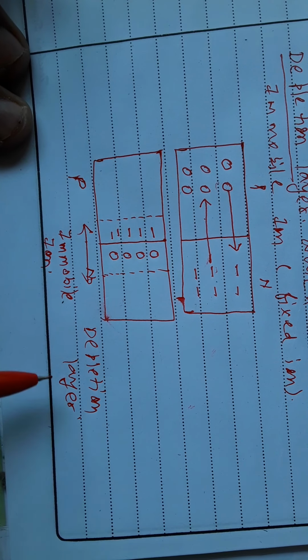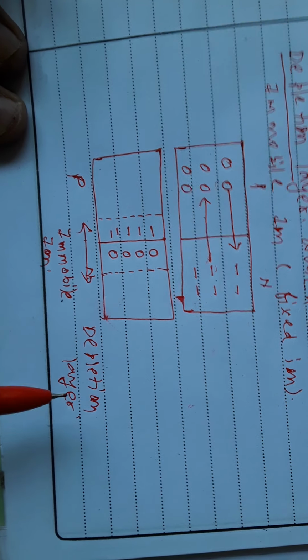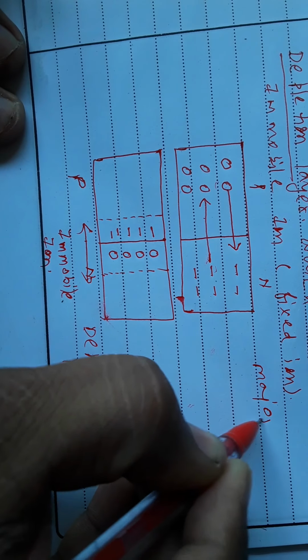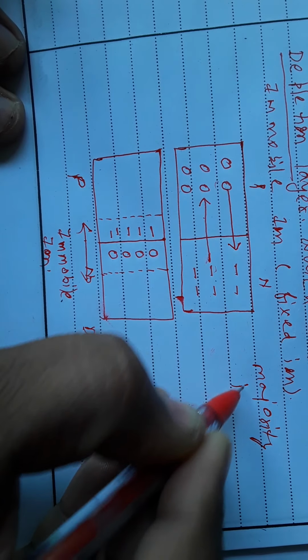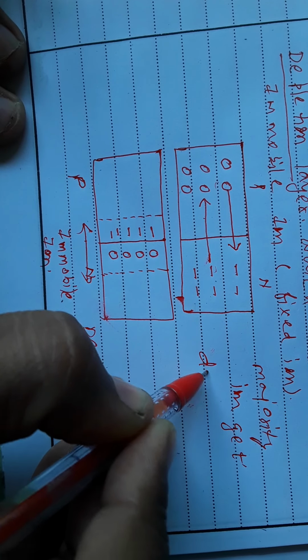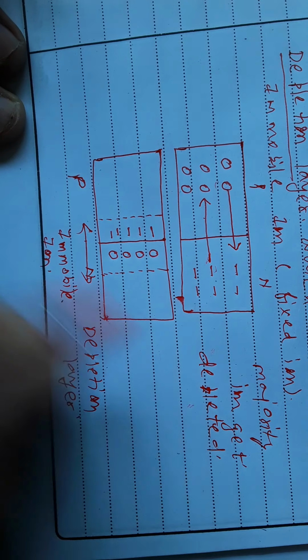The layer from which mobile ions get depleted, or we can say the layer from which majority ions get depleted, is known as depletion layer.